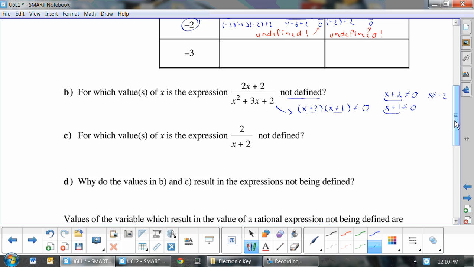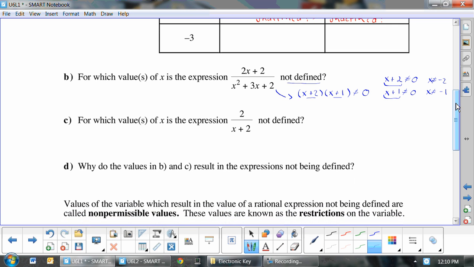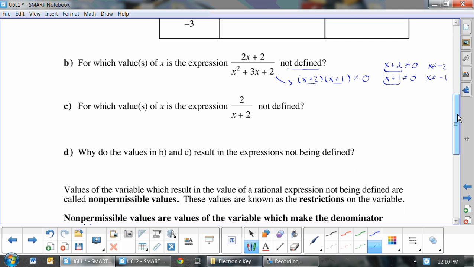If x equals -2, our denominator is 0. Okay, and then x cannot equal -1. I don't know where I got the 4 from. Okay? So we call these non-permissible values.